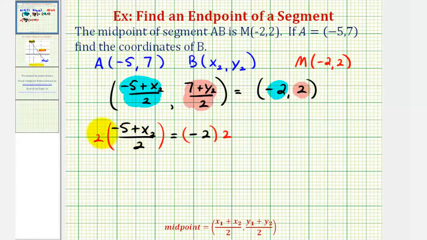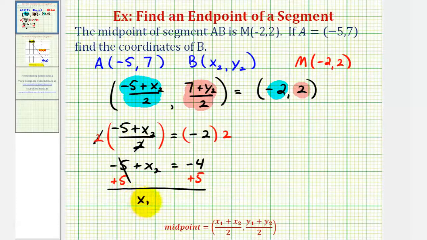On the left side, 2 over 2 simplifies to 1, so we have -5 plus x sub 2 equals, on the right side, -4. We'll add 5 to both sides to solve for x sub 2. So x sub 2 equals -4 plus 5, which is 1. This will be the x-coordinate of point B.